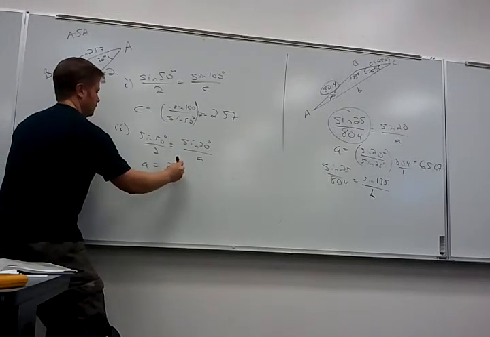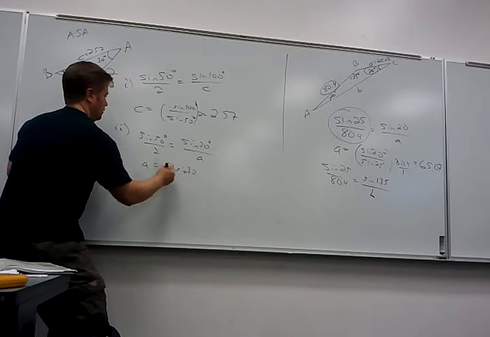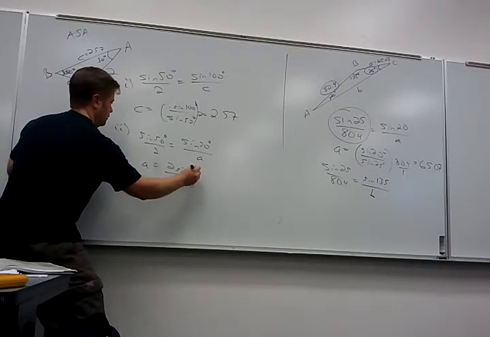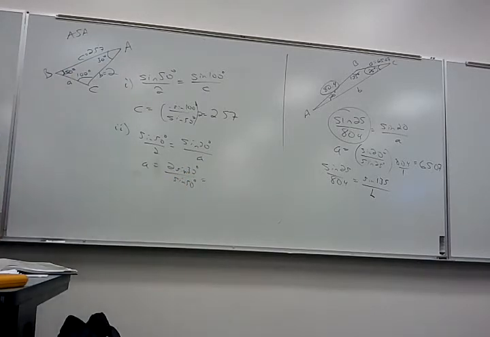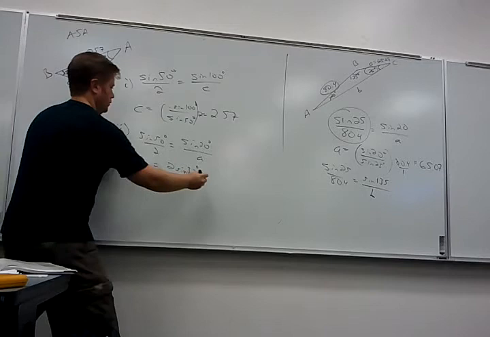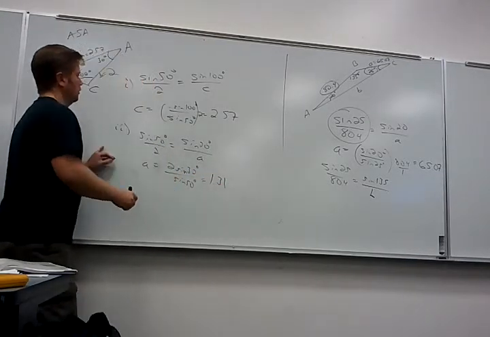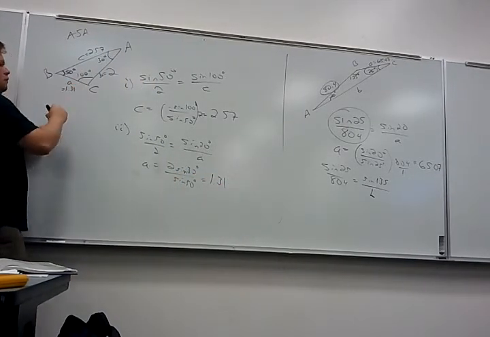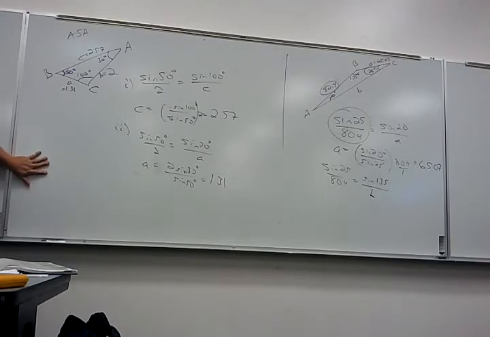So 2 times sine 30 over sine 50, whatever that is. 1.31. So if I ask you in a quiz or a test to solve the triangle, you know you're done when you get all three angles and all three sides. Cool.